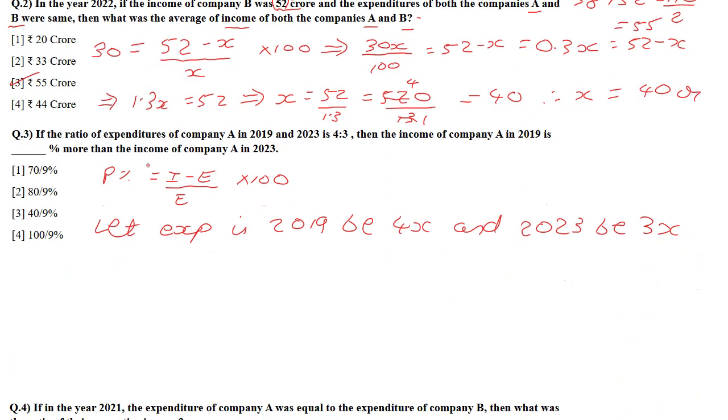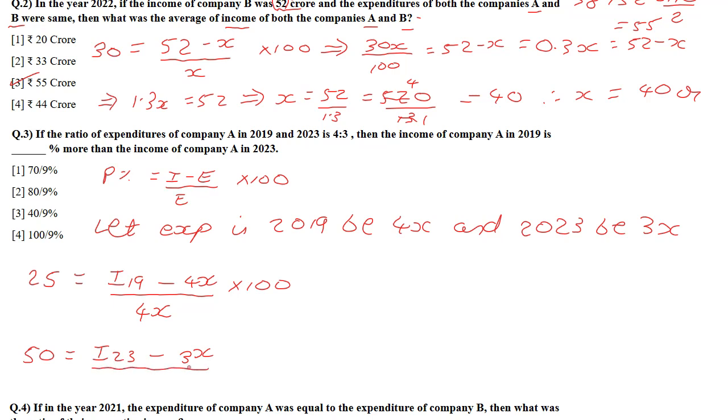So 25 is equal to income in 19, which I don't know what it is, minus the expenditure in 2019 upon the expenditure in 2019 into 100. This is one equation. Similarly, I can say that 50 is equal to income in 23 minus expenditure in 23 upon expenditure in 23 into 100. This is my second equation, and now we can solve.